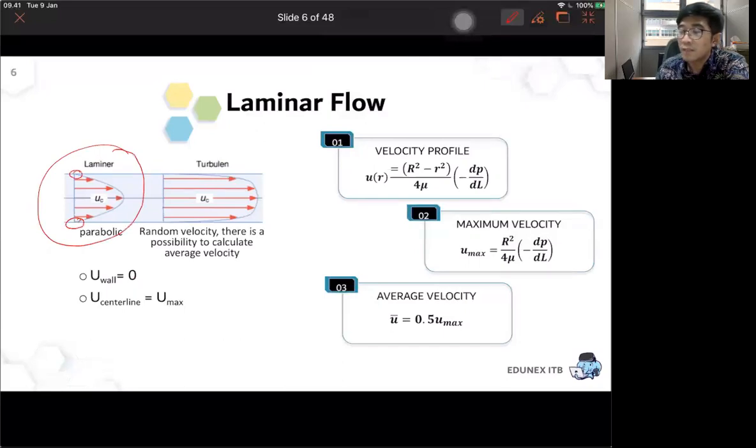And then the shear stress or the friction will be lower and lower when you go to the center of the pipe. Ya, jadi gesekan atau friksi layer itu akan semakin berkurang semakin lapisannya ke tengah. Or in the center, there will be no shear stress, no friction, and the velocity will reach maximum.